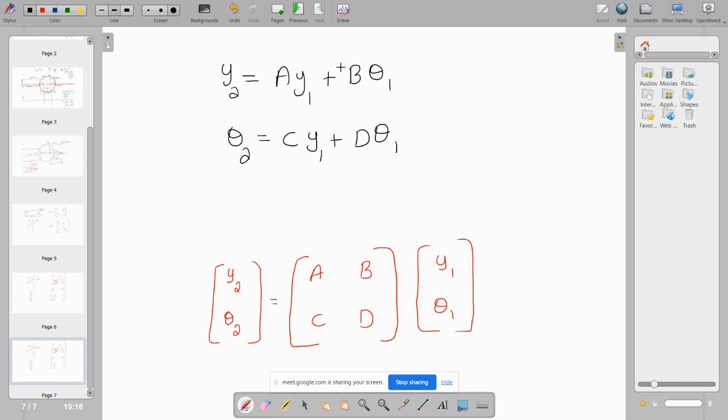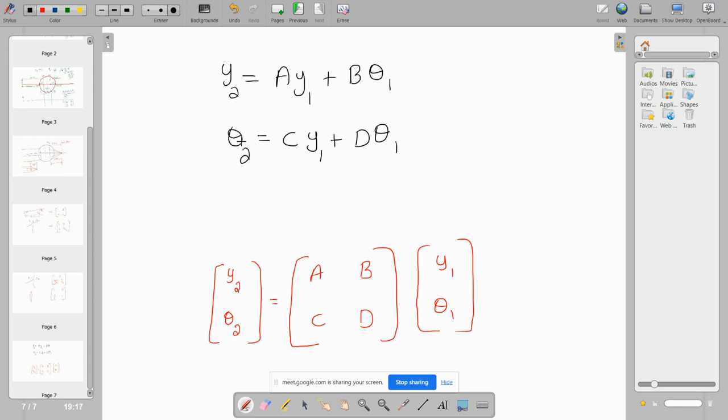Now you see that A and B are values which define the height of the emerging ray. C and D are the values which define the angle of the emerging ray. A gives the height with respect to the height of the incident ray. B gives the height of the emergent ray with respect to the angle of incidence.